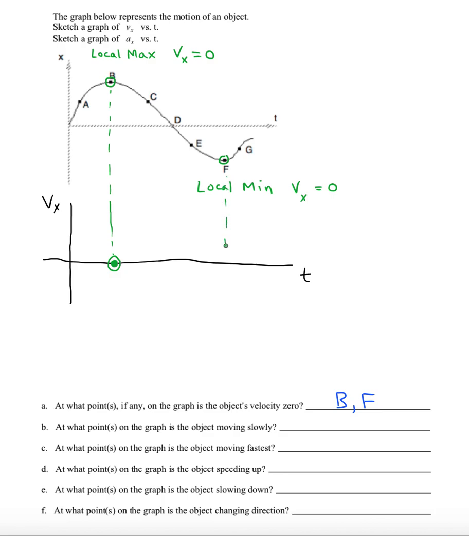And then at this other time, we also want the velocity to be 0. Now we'll try to figure out what happens in between those points.